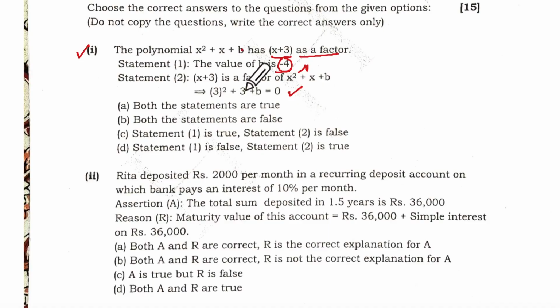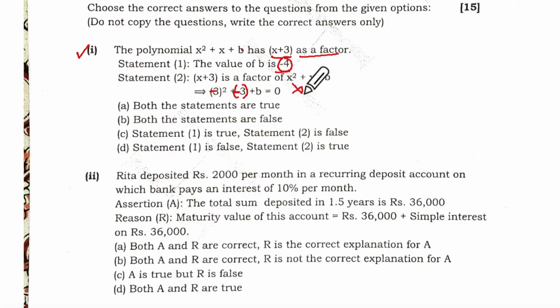Correct, because 9 plus 3. Ma'am, but it should be minus 3. No, 1 minute. What are they telling us here? This is minus 3. So minus 3 square, and here it should be minus 3. No. This statement also is wrong.